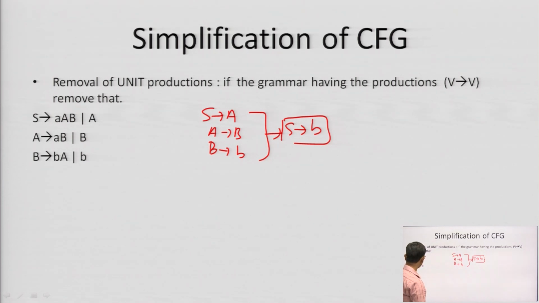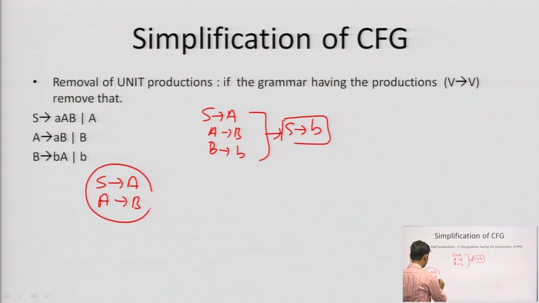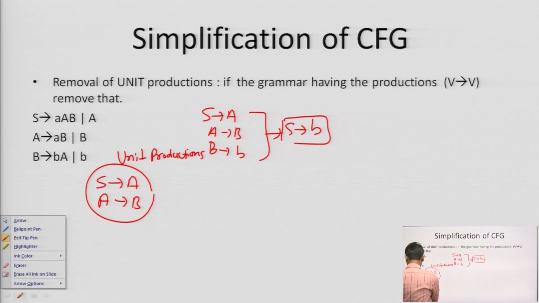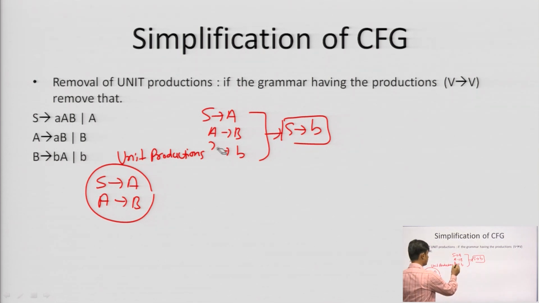So, see in this grammar, here is a grammar given. We can see which one is the unit production. So, you can see here S to A and A to B, these productions are unit productions. These two productions are unit productions. So, we can remove these unit productions.